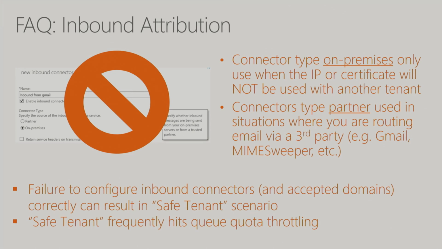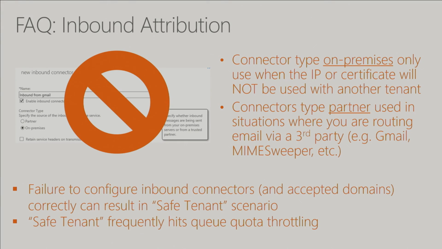And so it's important that if you want to relay your mail outbound through EOP, you're using that certificate so that we can identify explicitly that it's coming from your organization. You can also use IPs if you need to. It's less precise, and we prefer certificates. One of the challenges we have is multiple people using the same set of IPs, and that will result in what's called safe tenant attribution.